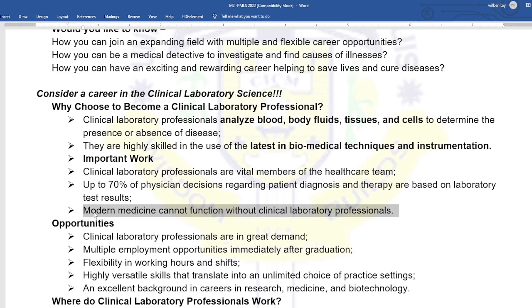Modern medicine cannot function without the help of medical technologists because we provide very vital information in the delivery of the healthcare system. Paano mo malalamang may leukemia kung walang medtech? Paano mo malalamang may anemia? Even sa cancer, okay? We also contribute sa diagnosis ng cancer.